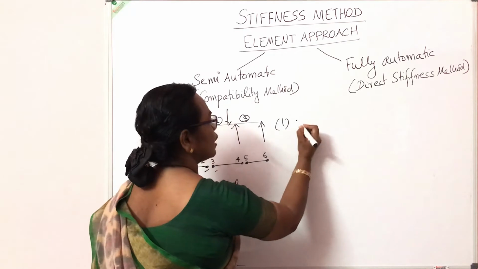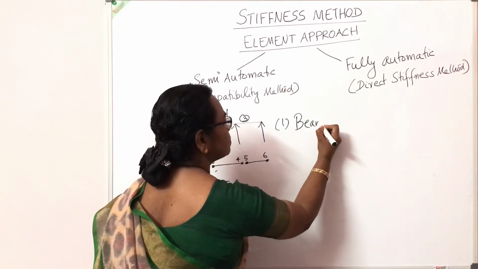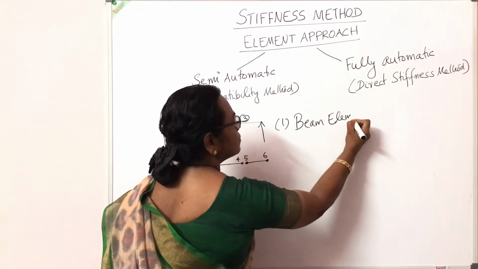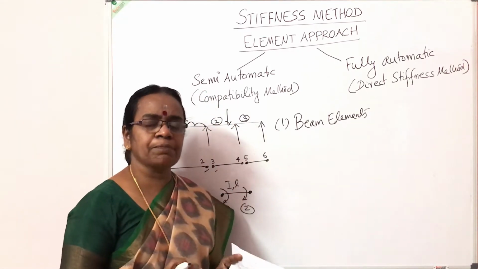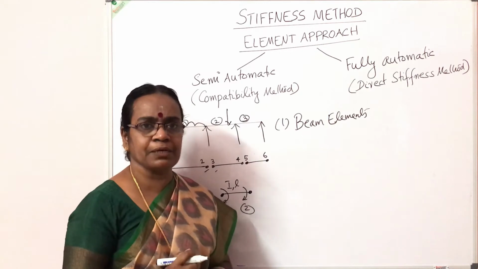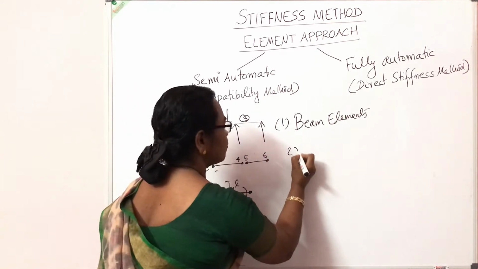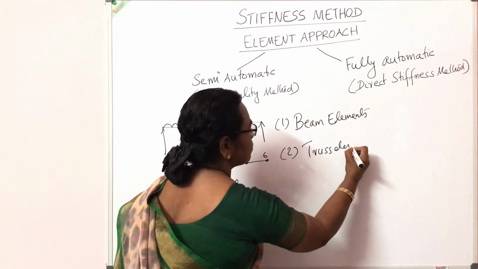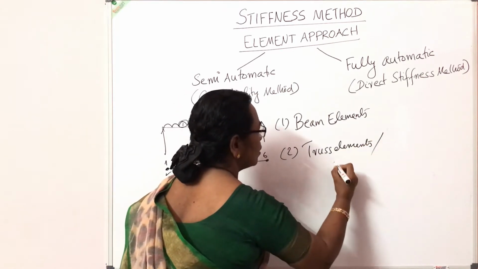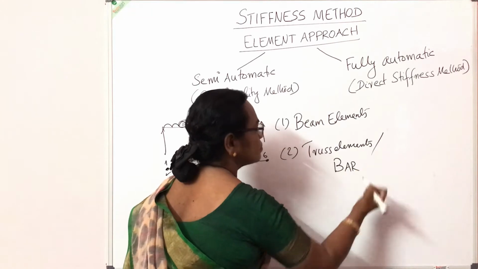So generally we can classify the structure as an assembly of two sets of elements. One set of elements are called beam elements. Beam elements are subjected to flexion or bending, where the bending is the predominant force, and we call it a beam element. And the second class of elements are truss elements or bar elements.